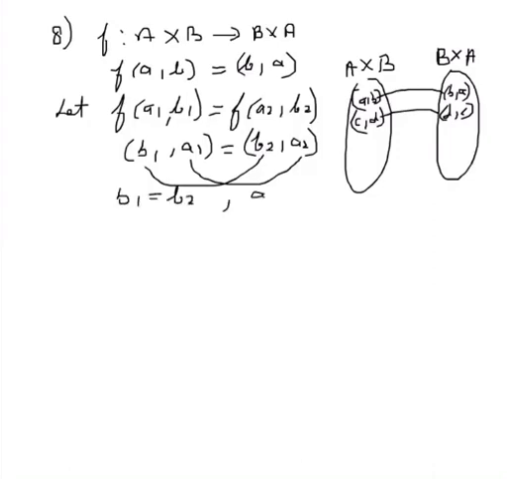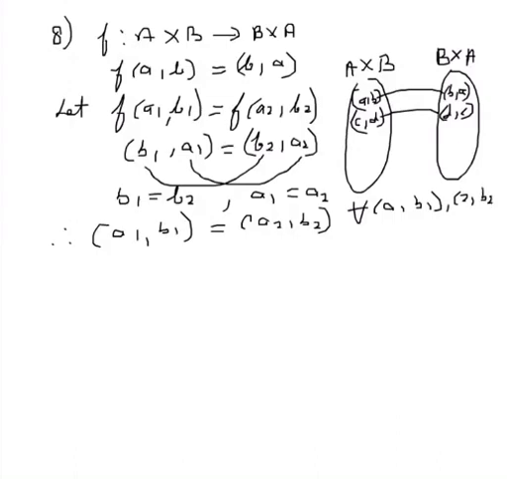So b1 must be equal to b2 and a1 must be equal to a2. Therefore, we can say that (a1, b1) is equal to (a2, b2). And this is true for any two elements taken from the first set A cross B. Therefore, I can conclude that f is 1-1.